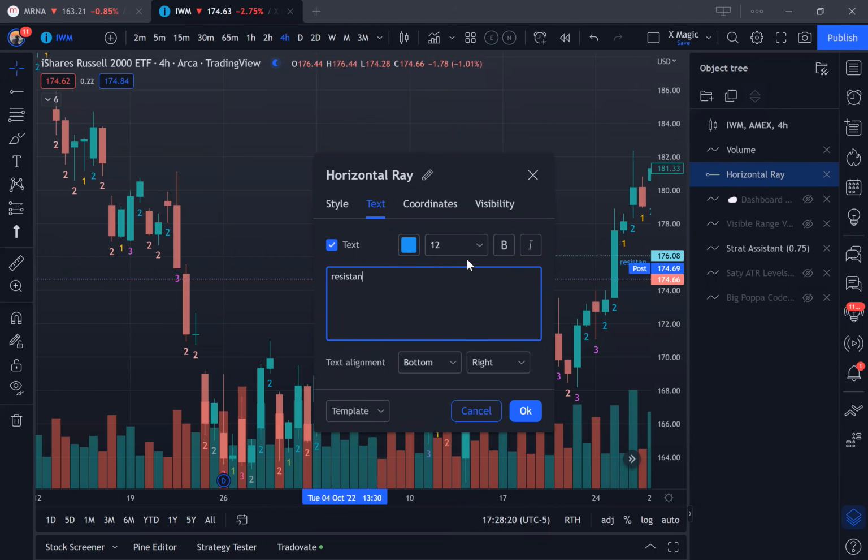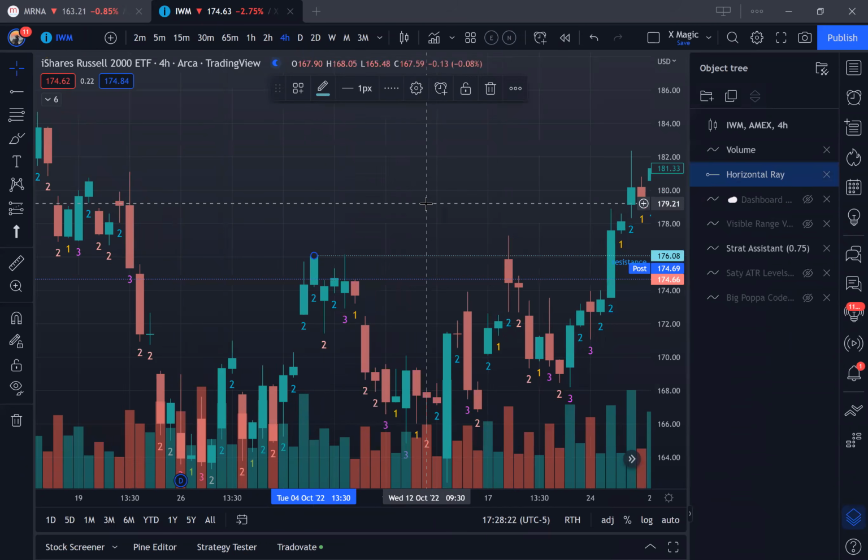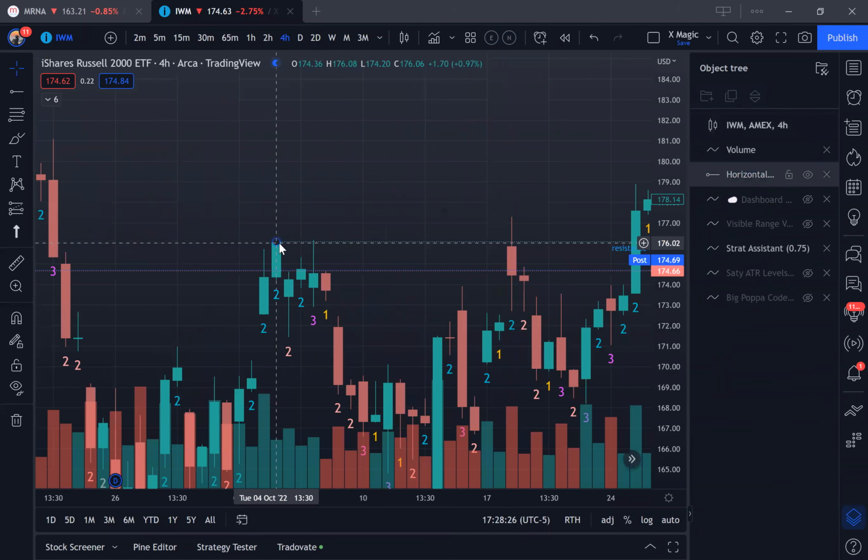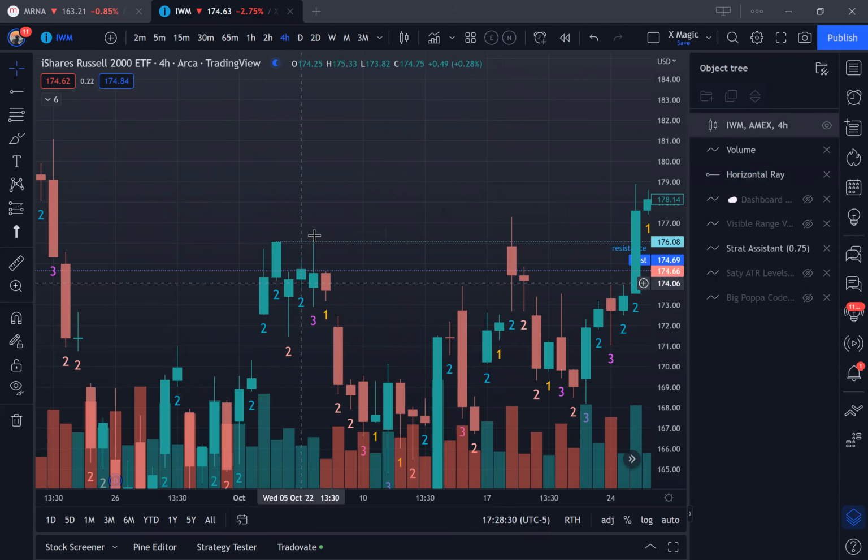Let's say this is resistance. So this level here, we came up, tested it, came back down, retested it, failed, and the buyers weren't strong enough to break through.